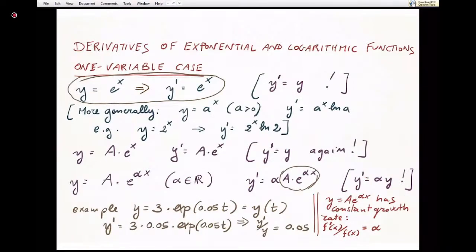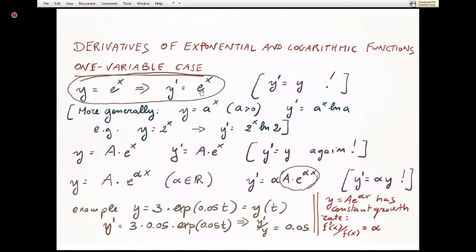If you are interested, I explained some of this stuff already, but I just want to briefly review it. It's in the slides. When dealing with elementary one variable functions, we focused on the natural exponential function. Y is equal to e to the power of x. And we know that for this function the derivative is equal to the function itself.